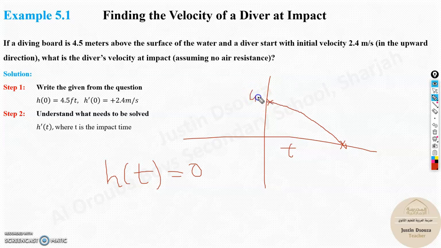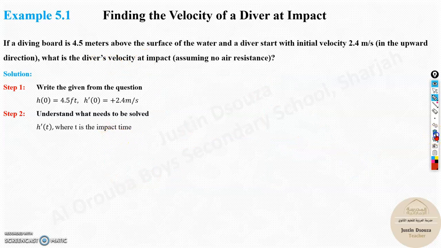At time 0 you start at 4.5, and it eventually comes down to 0. At what time t will that happen? That time needs to be found out. That time t is the impact time, and the velocity at that particular time is the answer. Anyways, we will now solve it and then you will understand much better.